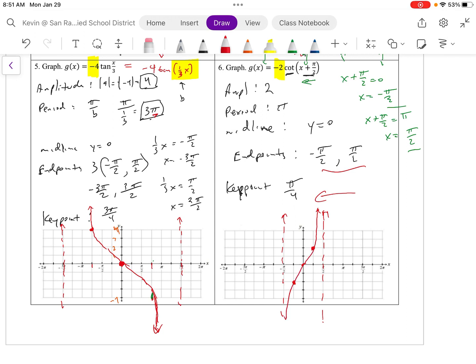Now if you look at it, you go, wait, that looks just like tangent. And indeed it is. If you did negative 2 cotangent of x plus pi over 2, that would be the same as 2 tangent x. So it's kind of interesting, maybe. Let's see, pi over 2, this would be the next one.